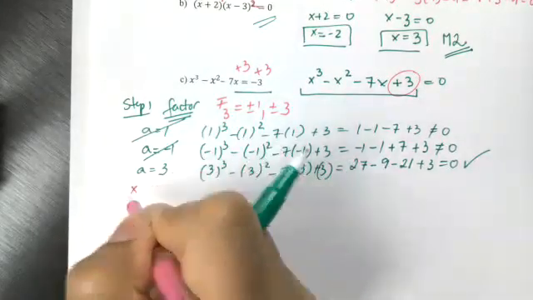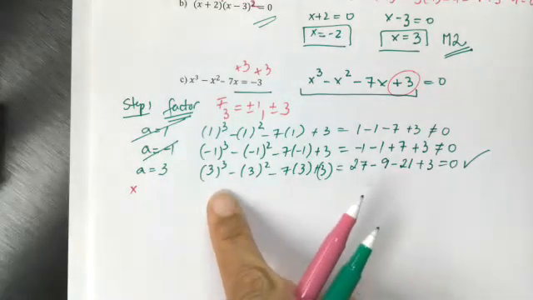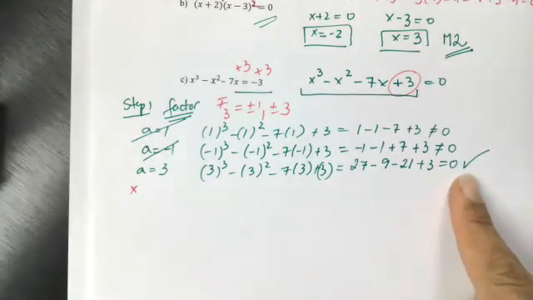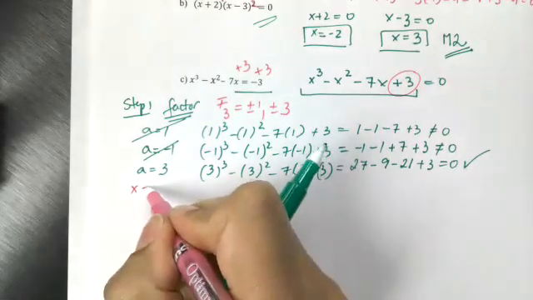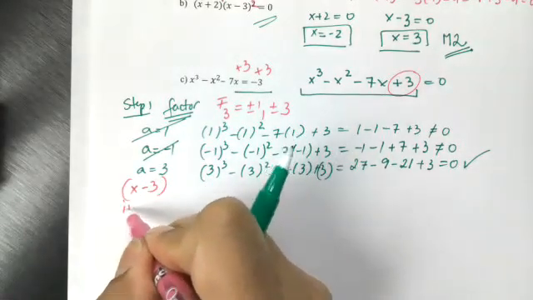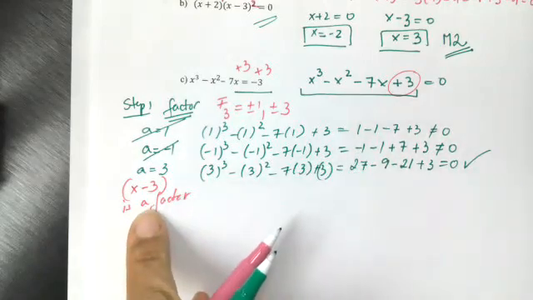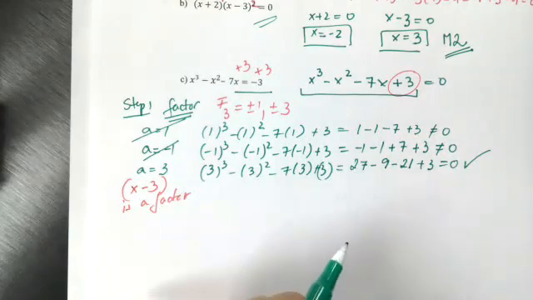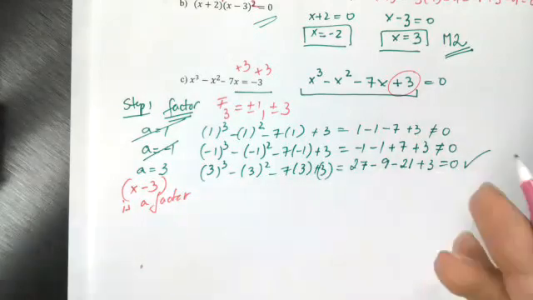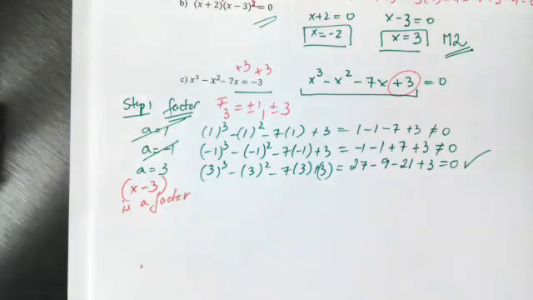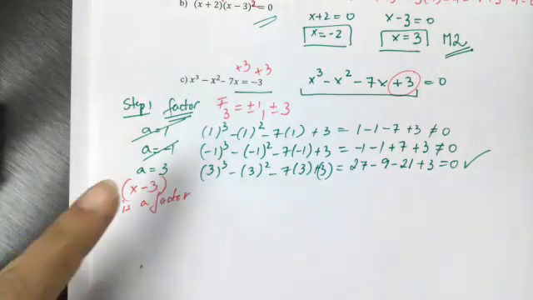Therefore, since the factor theorem application showed us it equals 0, that means x minus 3 is a factor. And you already have a solution from here. What's the solution from x minus 3? The first solution will be x equals 3, right? We're going to get there once we have all of the factors, but you can see it already.